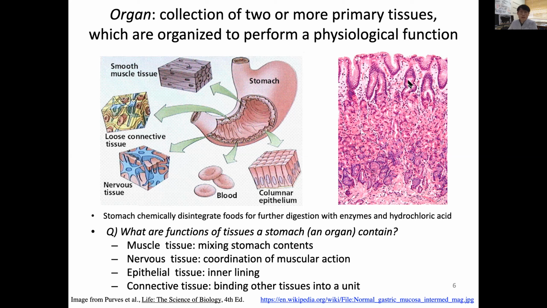Because real tissue is thin, you cannot see this contrast otherwise. So let's look at this. You see multiple pits over here. This is how we increase the surface area, and the lining cells here are called epithelium. You can see the nuclei are lined up well on the lower side, even in these cross sections. And in the middle, you can see smooth muscle tissue as well.